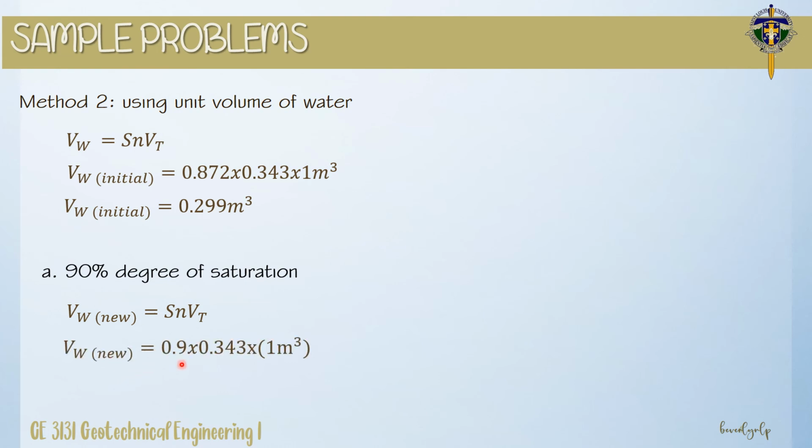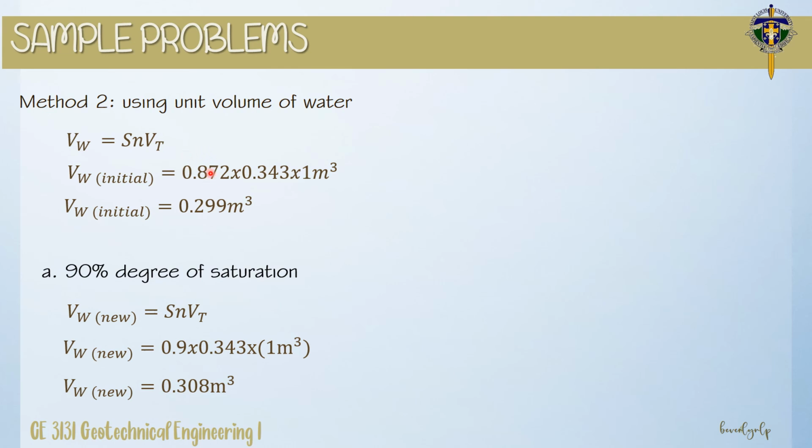Substituting, that becomes 0.9 times porosity 0.343 times the volume, which is 1 cubic meter. So the volume of water is equal to 0.308 cubic meter. We now have the initial volume of water, 0.299 cubic meter, when the degree of saturation is 87.2%.